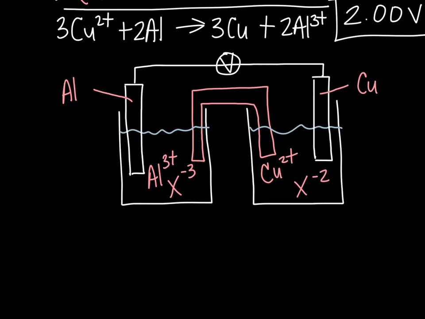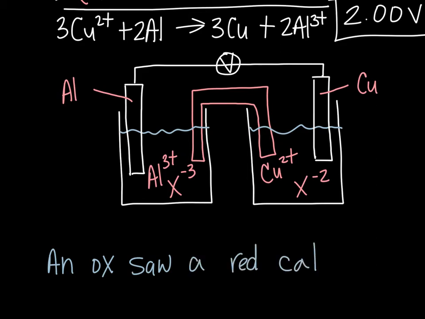Now to figure out which one is the anode and which is the cathode, we have a little saying to help you remember: an ox saw a red cat. This means anode is oxidation, and red cat, reduction, cathode.